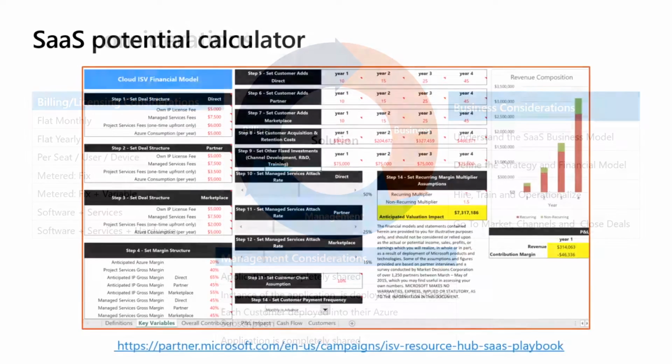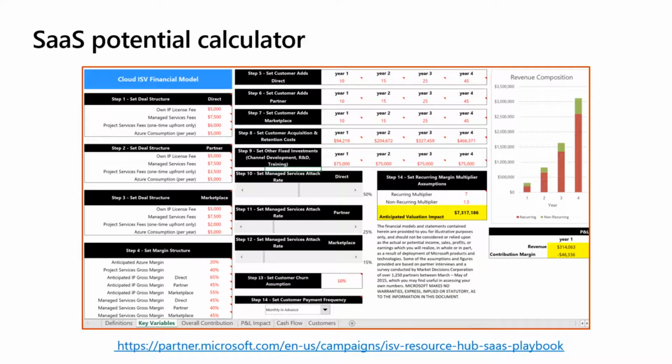One of the tools that we have developed internally, and it's free for everybody to use, is part of the SaaS playbook, and you have the link below. It's a potential calculator. This is an Excel-based calculator that would allow you to enter the information about what is your ROI, what is your current costs, how you plan to sell space on that SaaS offer, right?